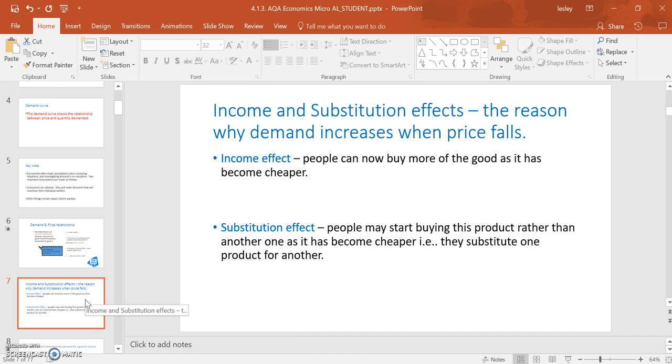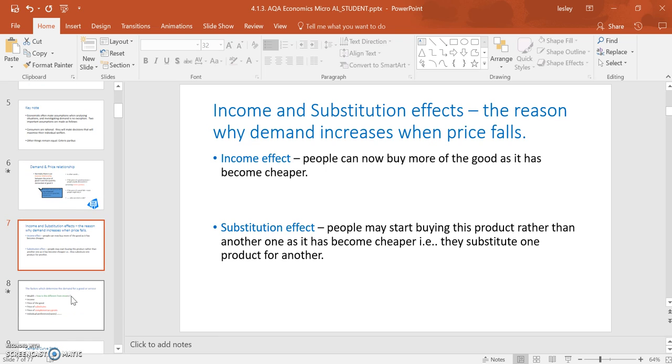Here obviously we've got the income effect and the substitution effect, so how would incomes affect the consumption of a certain product if incomes rose, and what if a substitute product has changed its price? How's that going to affect the demand for the product you're looking at? So there's a couple of key bits of theory there.